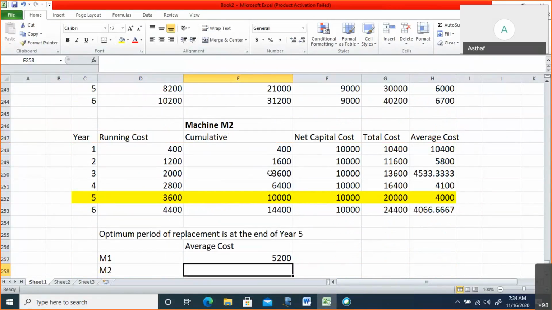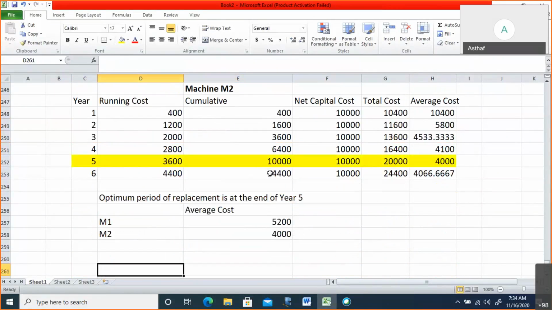Here the average cost is 4,000. Now you tell me, M1 is 5,200, M2 is 4,000. Which is cheap? M1 is cheap or M2 is cheap?